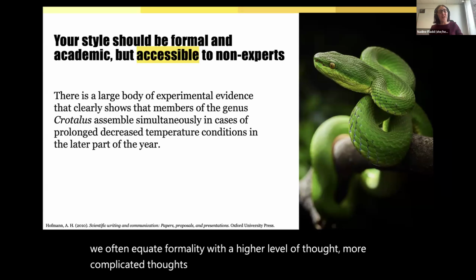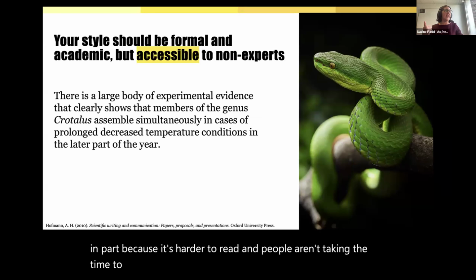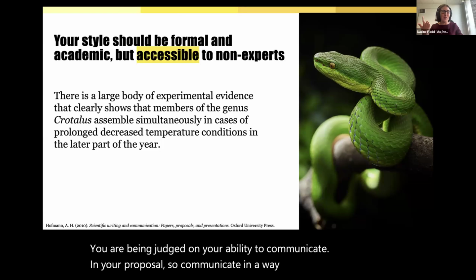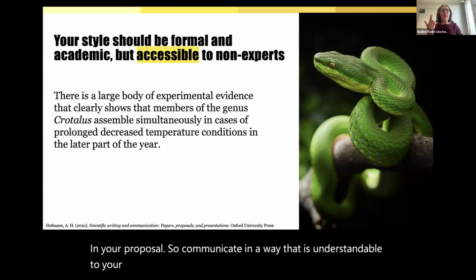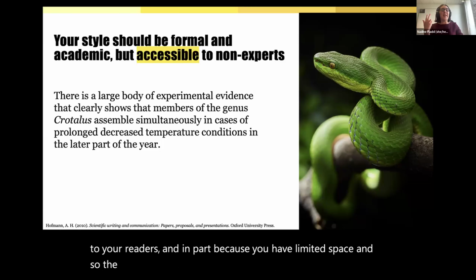But this can actually hurt your application, in part because it's harder to read and people aren't taking the time to reread sentences, and in part because you are being judged on your ability to communicate in your proposal. So communicate in a way that is understandable to your readers, and in part because you have limited space. And so the more concise you can be, the more ideas you can fit into your proposal.